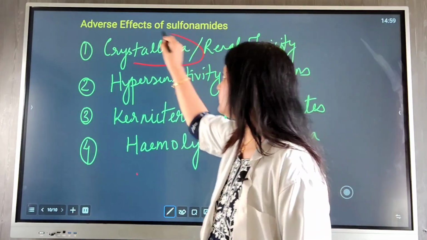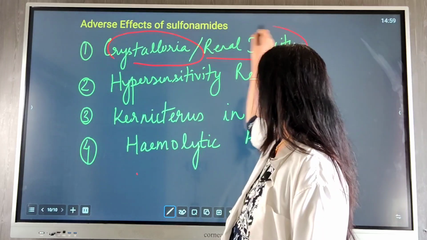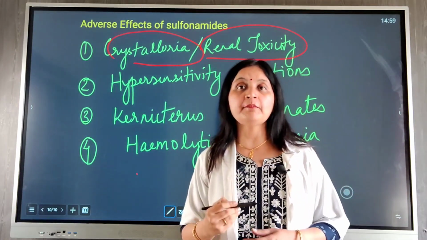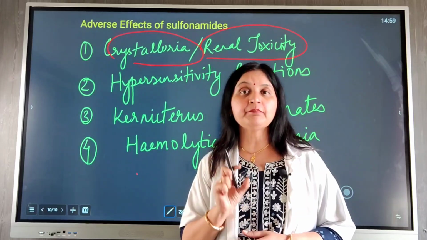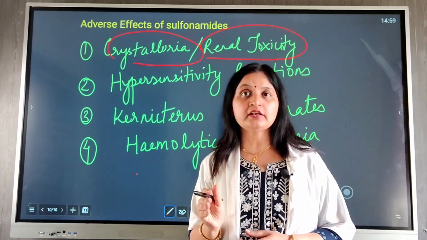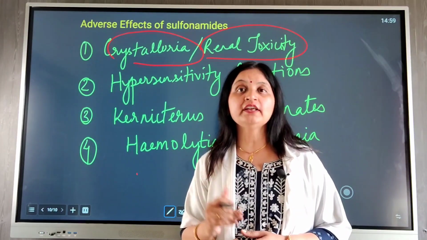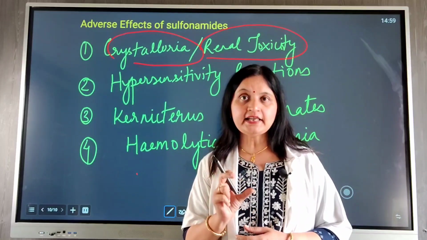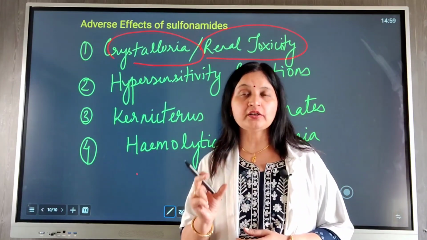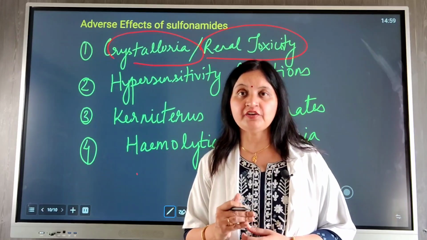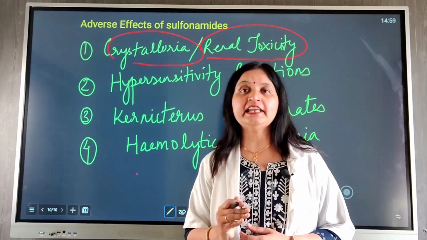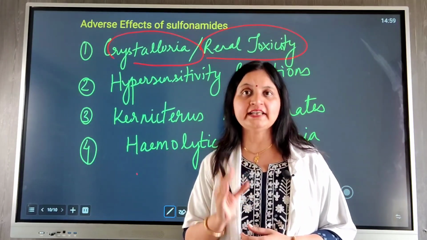Sulfonamides can cause crystalluria or renal toxicity. This is because sulfonamide is metabolized by acetylation, and the acetylated metabolite is less soluble in acidic urine. This causes precipitation of sulfonamides in the kidney tubules, leading to obstruction of the kidney.